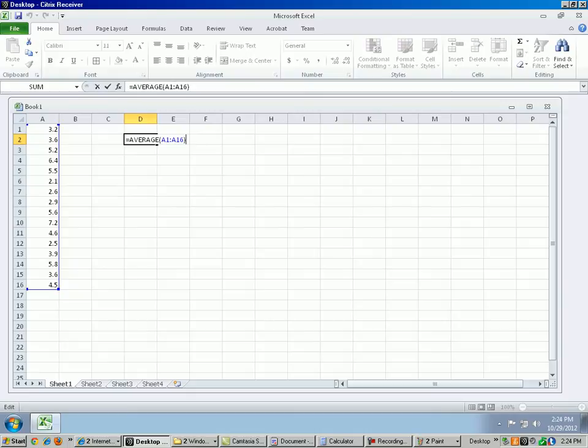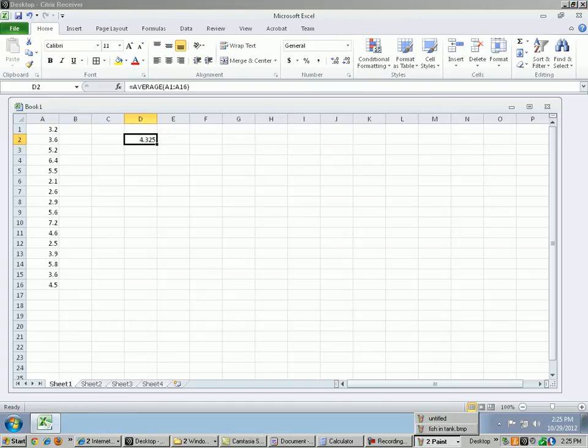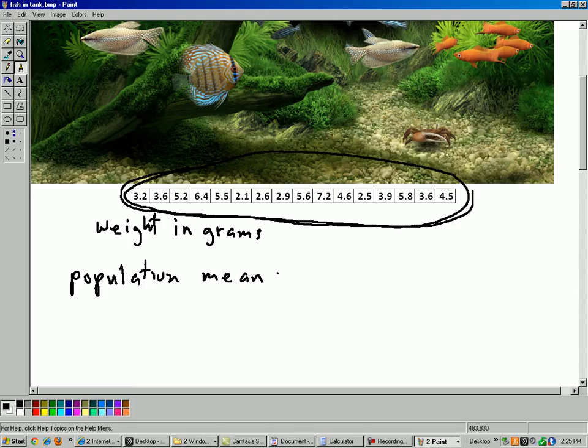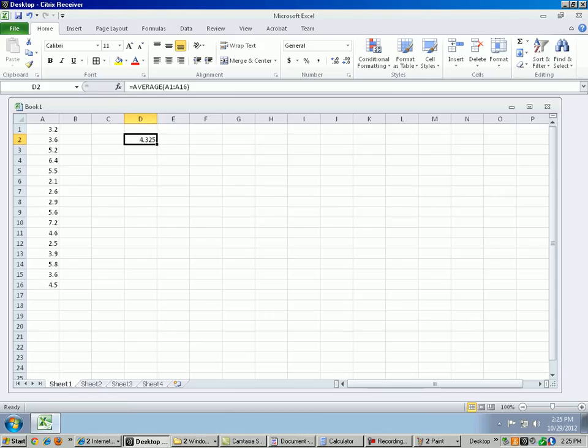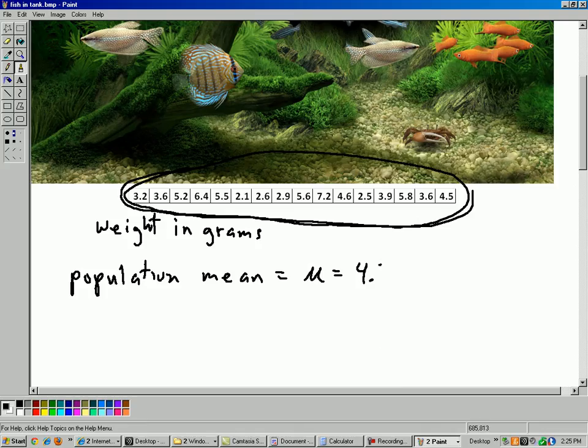I just typed in average A1 through A16, and the population mean is 4.325 grams. Let's write that down here. So that's mu, 4.325 grams.